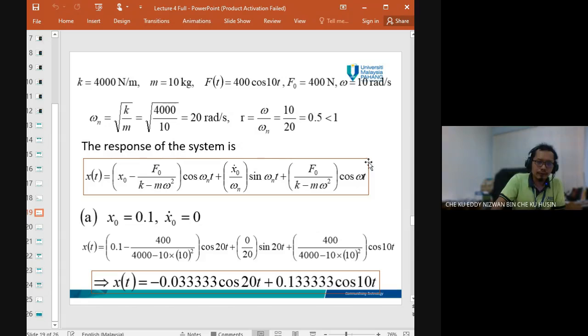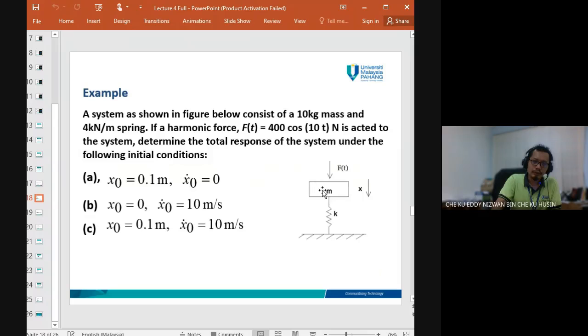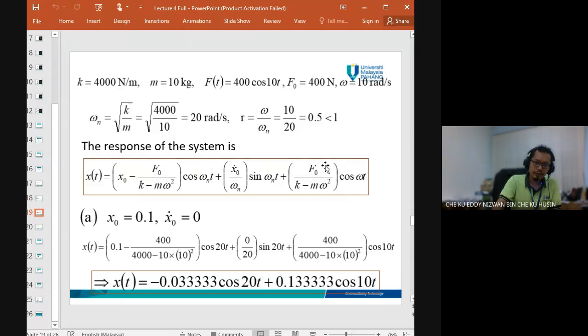Actually, for this solution, the system in the question is a bit simple. You can either use the direct equations, or you can do it manually if you don't remember the equations.